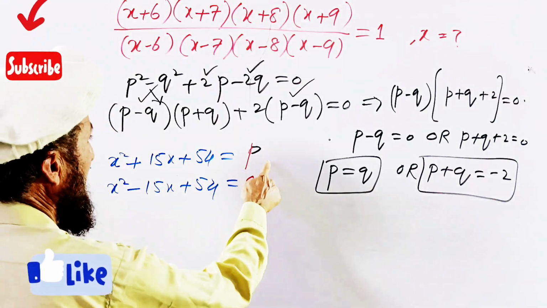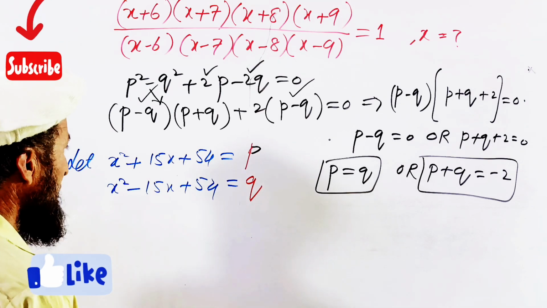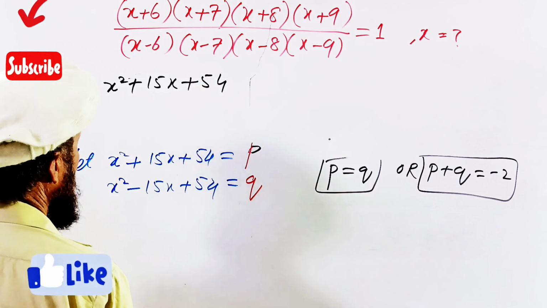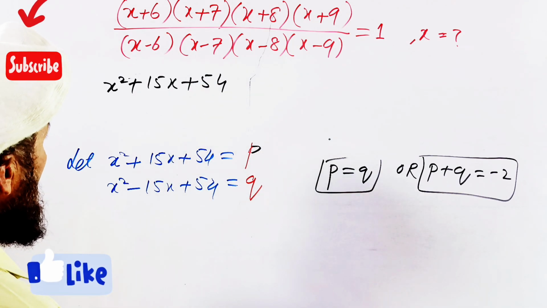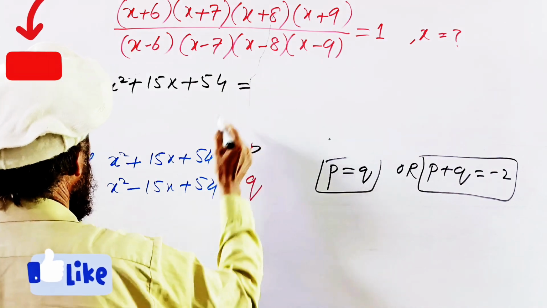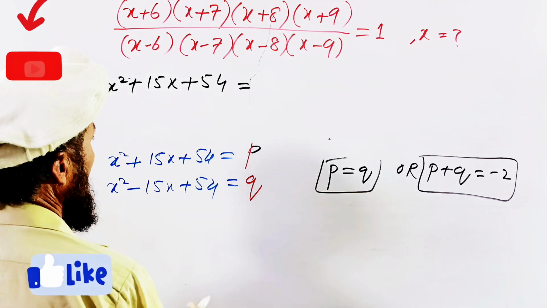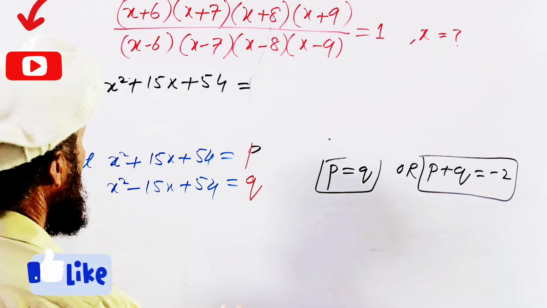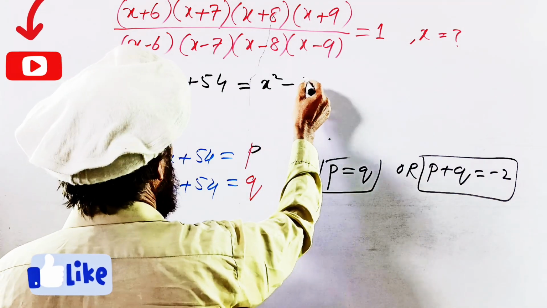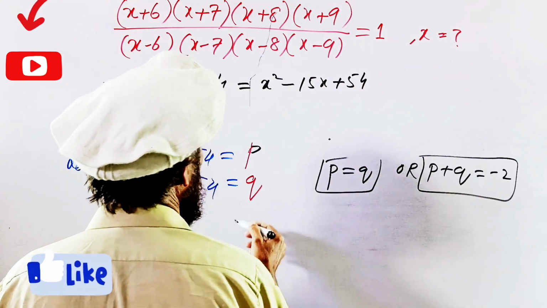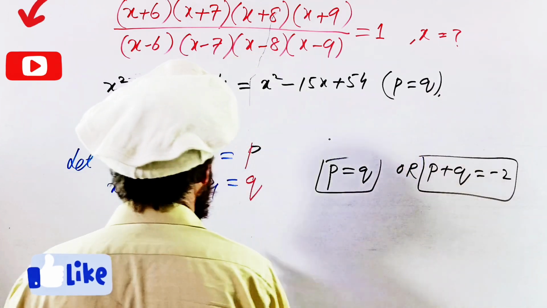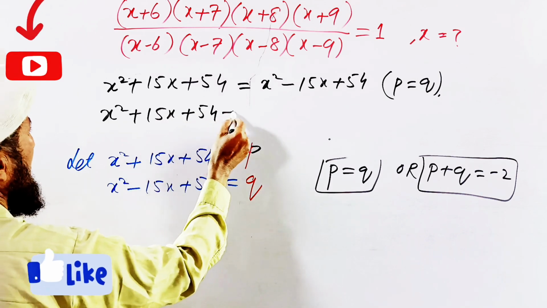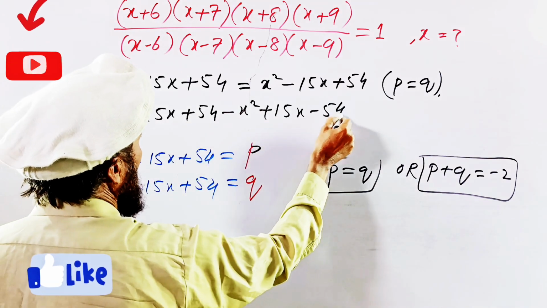In place of q we put p, so x square plus 15x plus 54 minus x square plus 15x minus 54 is equal to 0.